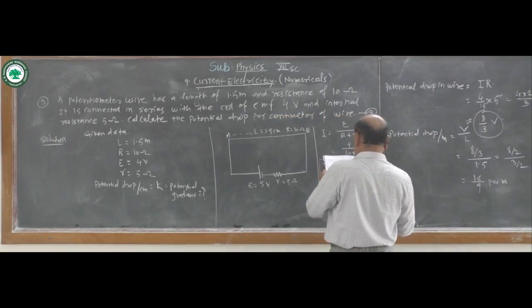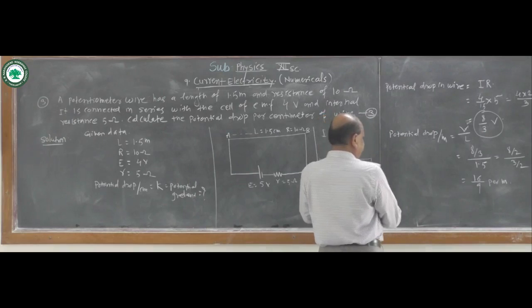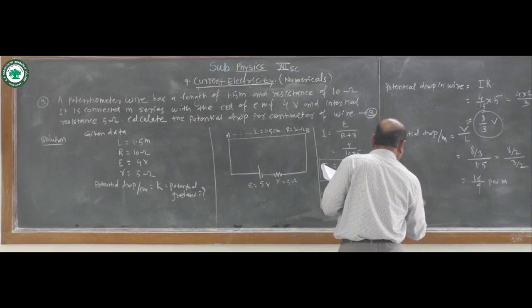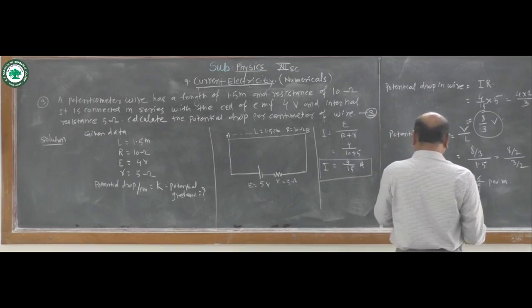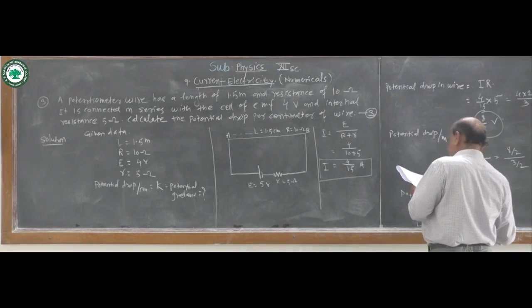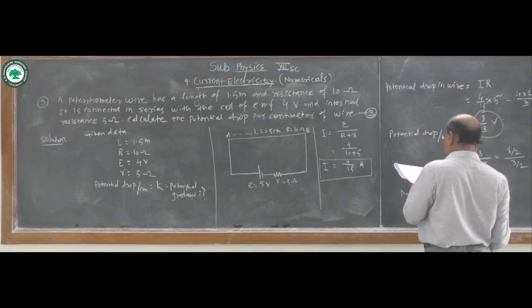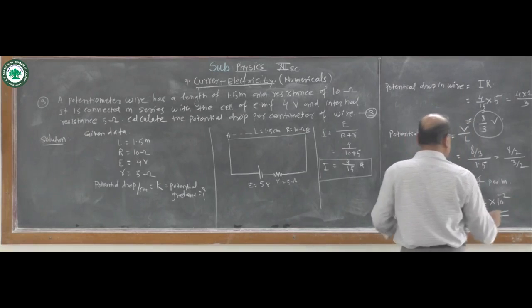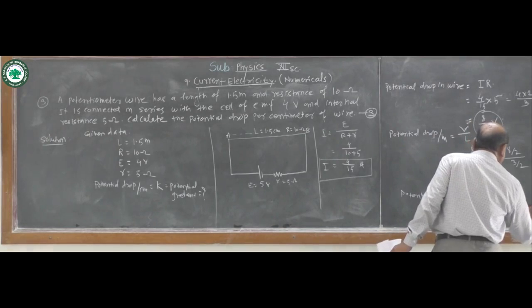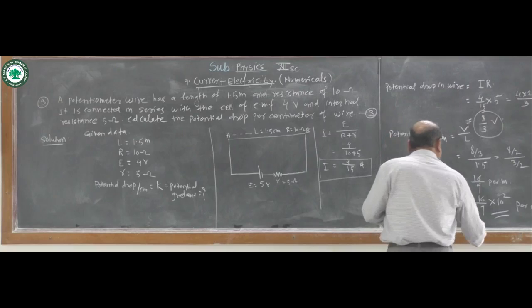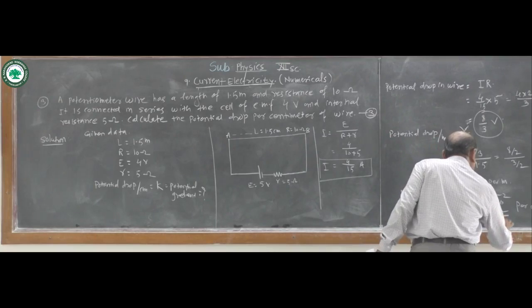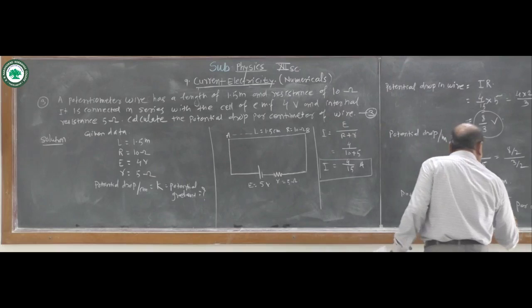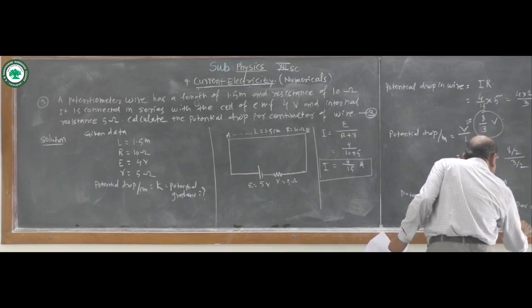Now potential drop per centimeter, 16 by 9 multiplied by 10 raised to minus 2, and that answer will be, after calculation, 0.0178 volt per centimeter.